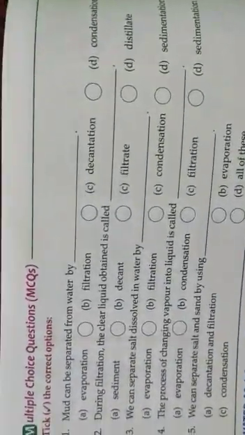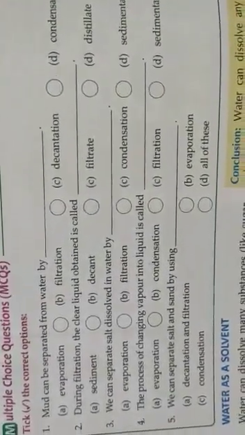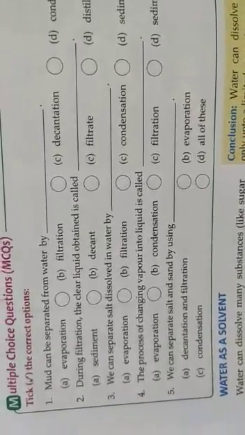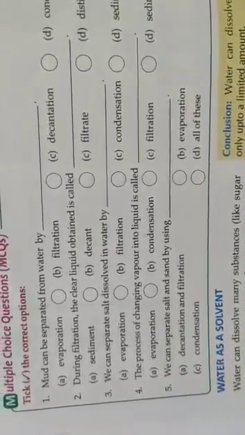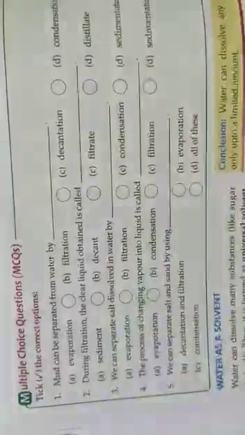Water can dissolve many substances, so it is termed the universal solvent. The substances which dissolve in water are said to be soluble in water, and the substances which do not dissolve in water are said to be insoluble in water.